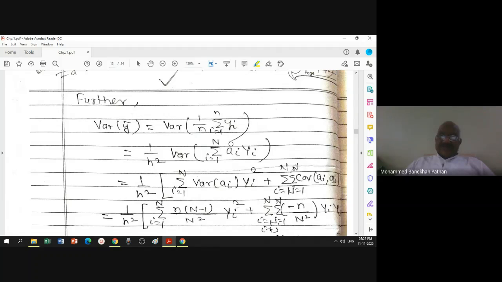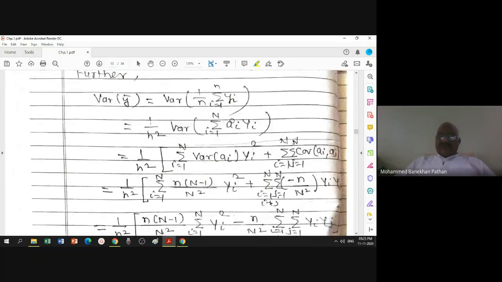Variance of the rest term, summation i = 1 to n of y_i. Look at the change. Here I write a small n, here I put a capital N, but this small y_i is written as a_i multiplied by capital Y_i. So I write this sample quantity in terms of a population quantity by using a_i as an indicator variable. If this population unit comes in the sample, a_i is 1.